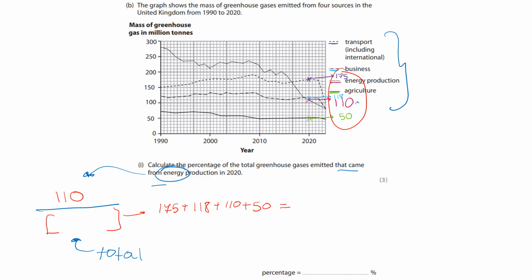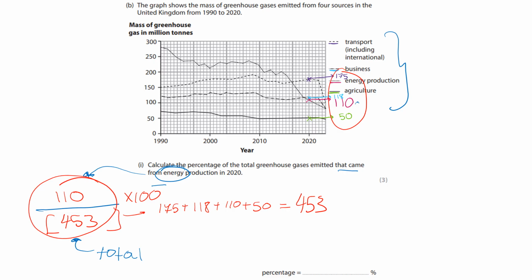So 175 plus 118 plus 110 plus 50 equals 453. Okay, 453. So we are then going to divide this number and times by 100 to get a percentage.